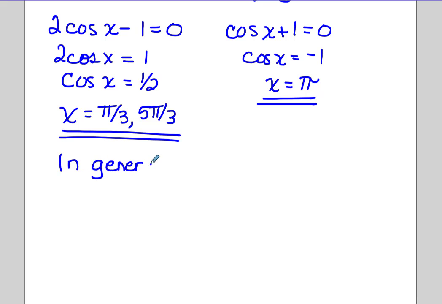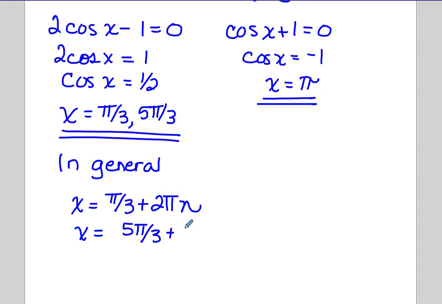So in general, we can rewrite these 3 answers and develop a pattern. The first one, pi over 3 plus every 2 pi radians. Or the second one, 5 pi over 3 plus every 2 pi radians.